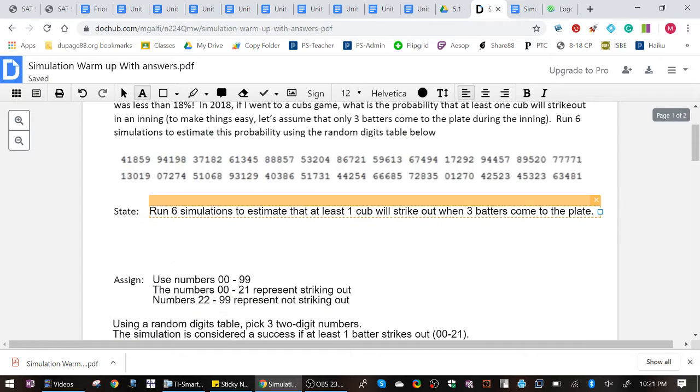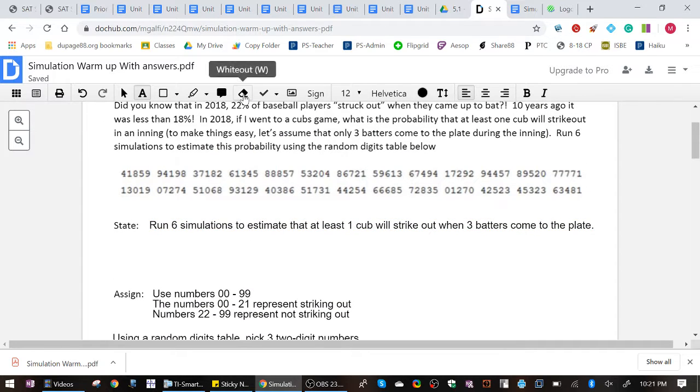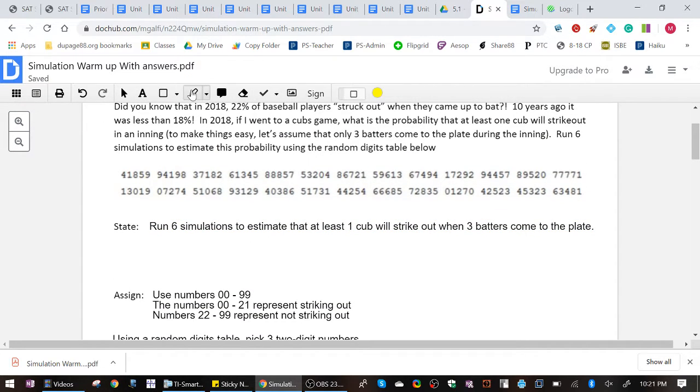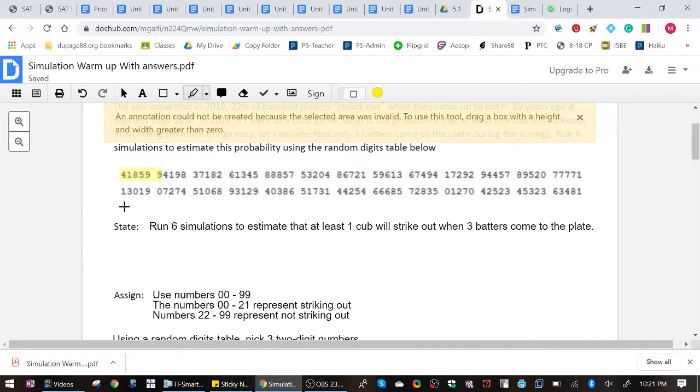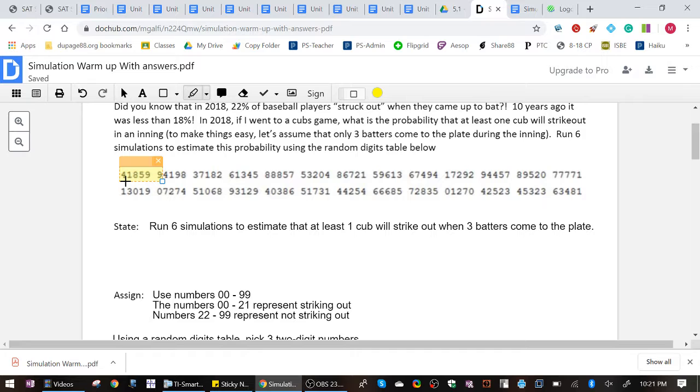Next stage is to actually run the simulation. So I'm going to highlight these first sets of numbers. I got 41 as my first batter, 85 is my second batter, 99 is my third batter. So the first number is 41. That represents not striking out.